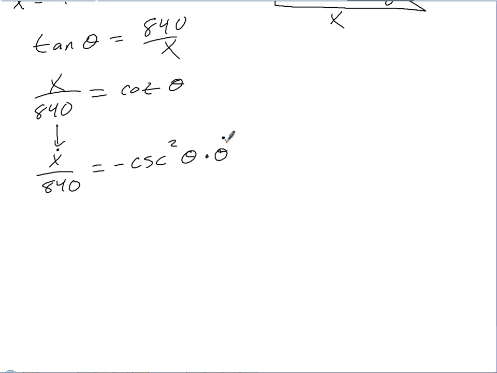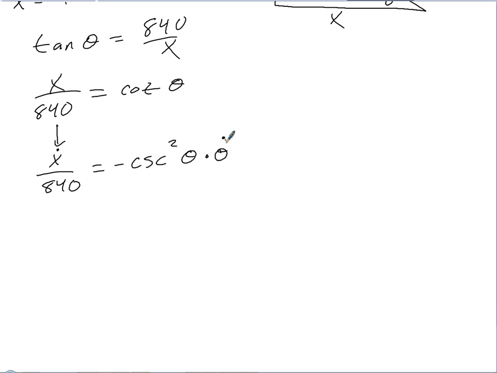The derivative of cotangent of anything that's a variable is cosecant squared of it, right? But then if we look inside, the derivative of theta is not 1 because we're not differentiating with respect to theta. So we have d theta dt, and that's what we call theta dot. Okay?